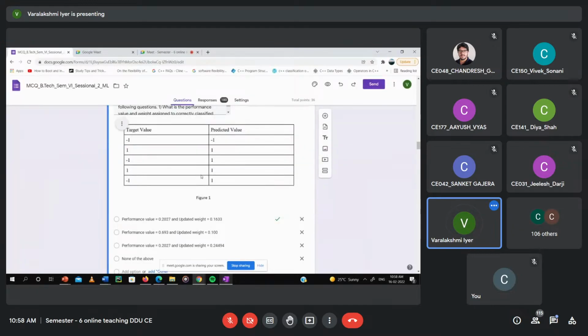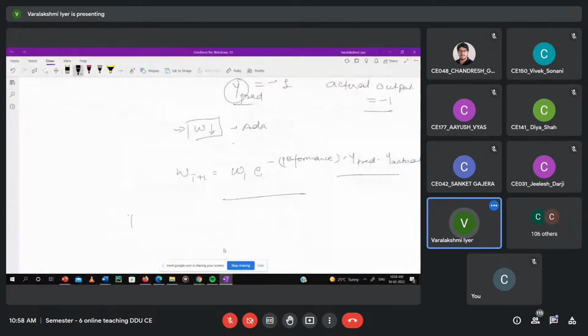You are given 5 data points with the actual target value and predicted value. Out of this, first I have to estimate the performance of the model, which is given by 1 upon 2 ln of 1 minus epsilon upon epsilon, where epsilon indicates the error in the model.